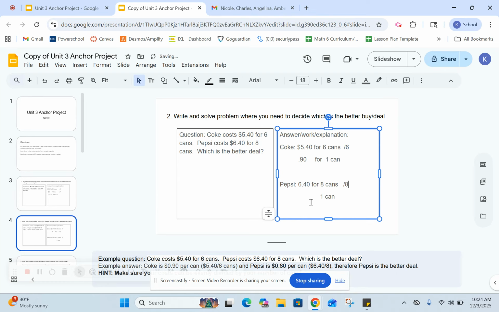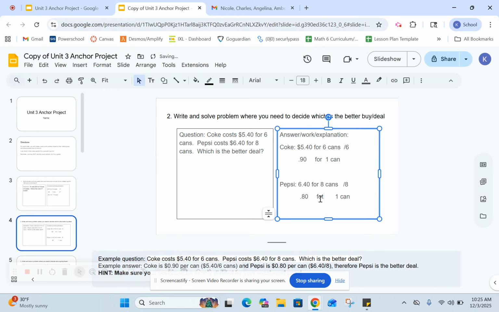No, by 8, sorry. All right, now we need to think about $6.40 divided by 8. 640 divided by 8, if you take out the decimal point, is 80. And then we need to put that decimal point back. So there's 2 places after the decimal in the dividend. So there needs to be 2 places after the decimal in the quotient. So it would be 80 cents.